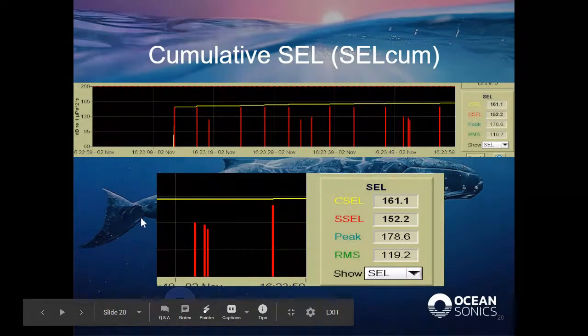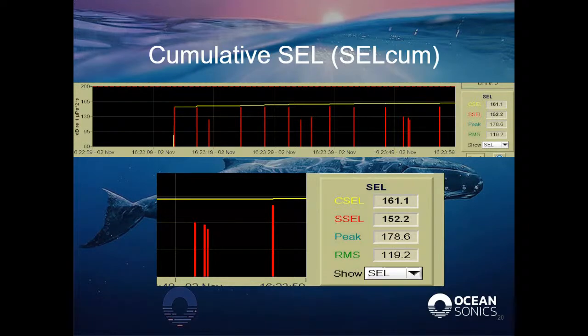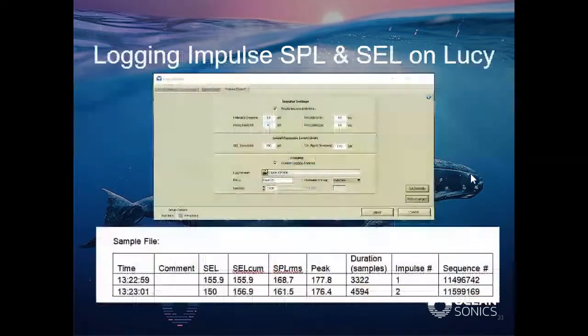Oh, and also, if you're taking the SEL measurements, you might also want to see the peak and RMS values. Those are common measurements that regulatory marine monitoring might need. So we have those as well, and they'll update as the data updates. Okay, great.